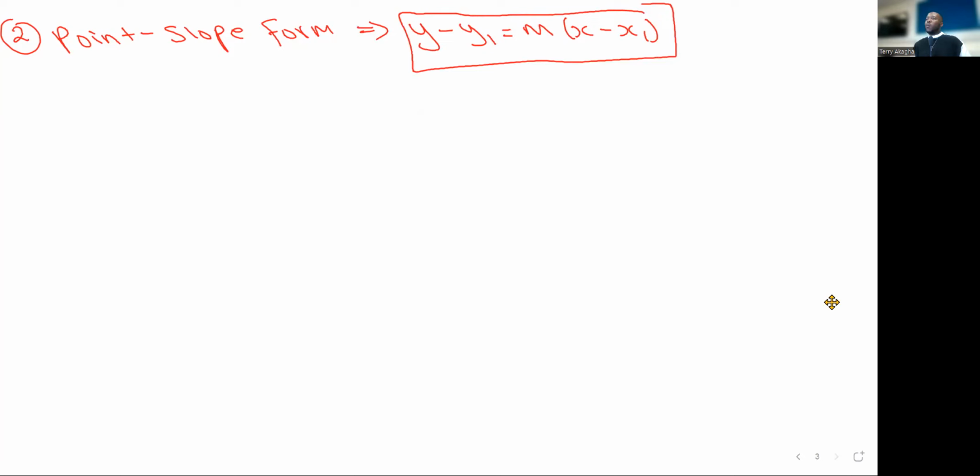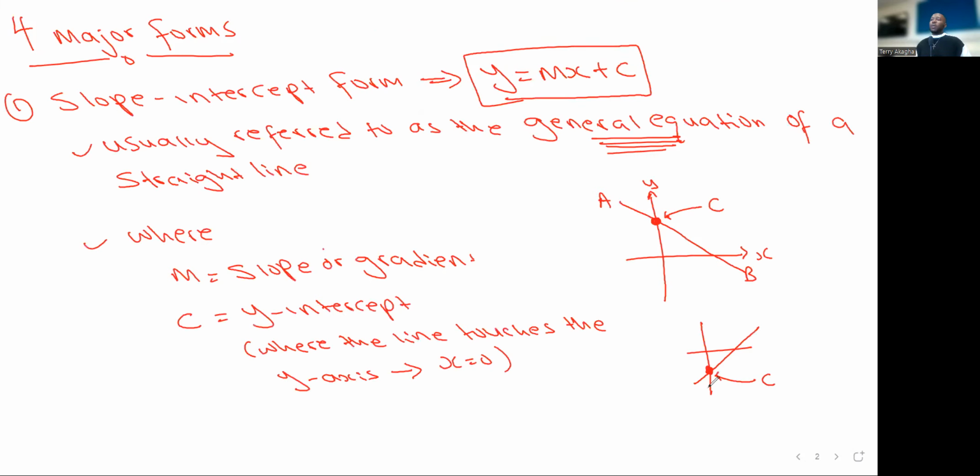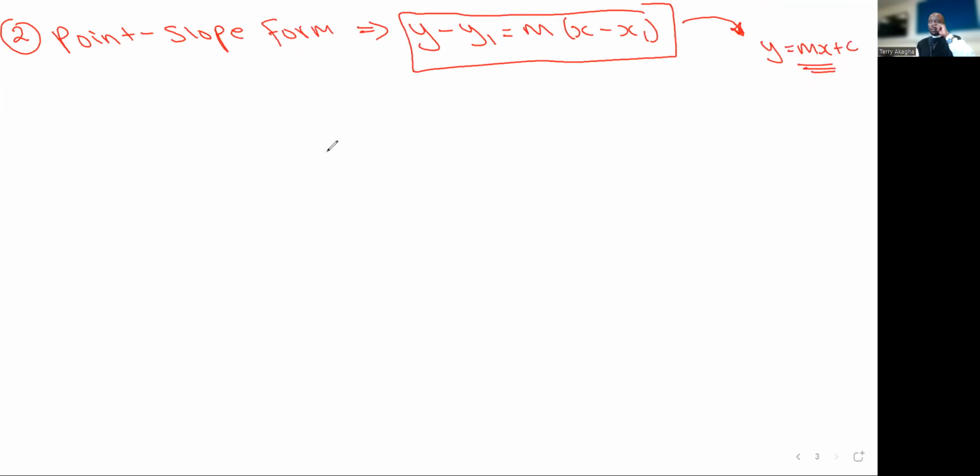But usually, when we are done with the point slope form, we convert it back to the general form, which is y equals mx plus c, the slope-intercept form. So the first form is the slope-intercept form, y equals mx plus c. The second form is the point slope form. Usually, when we're done writing this point slope form, we try to simplify it back to the slope-intercept form.